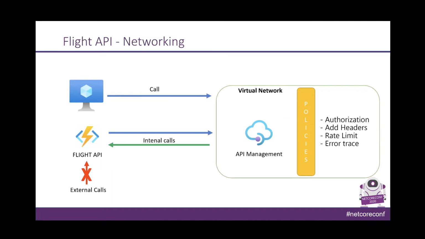The whole world will have access to our API, and it can contain some critical information that we have to secure. So the idea is to protect our instance of API management and put it inside a virtual network so only our virtual machine may have access to it.